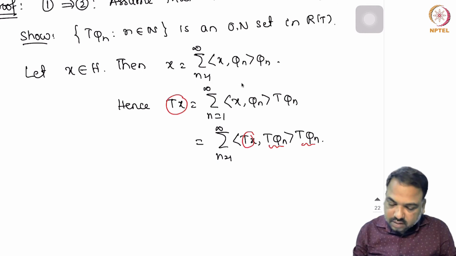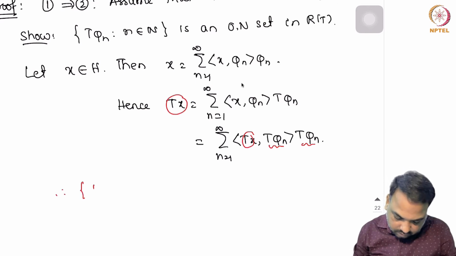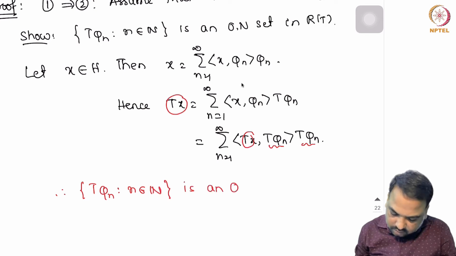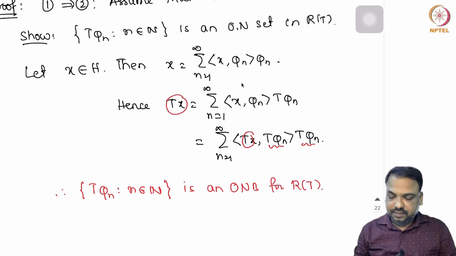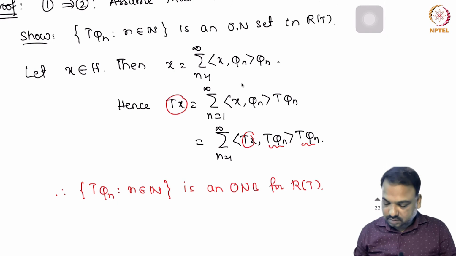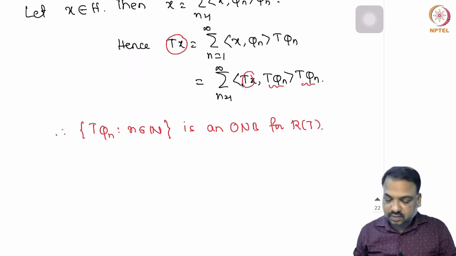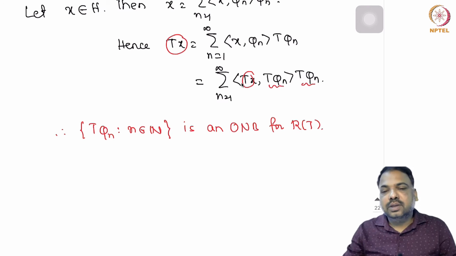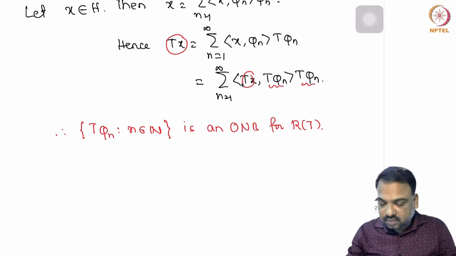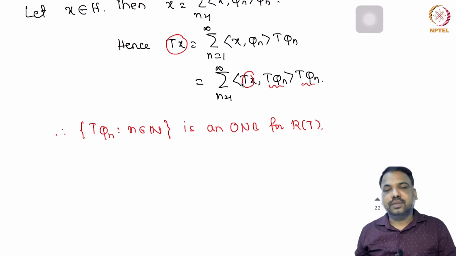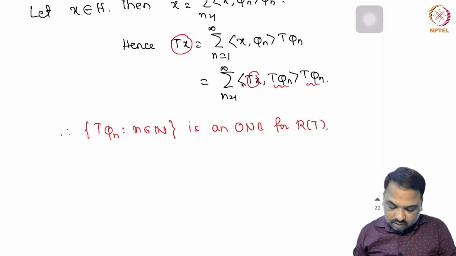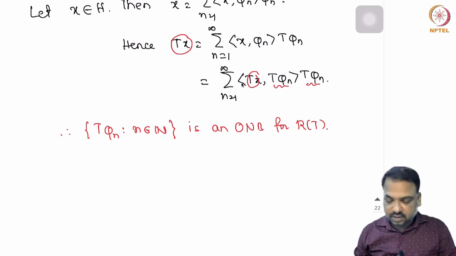Therefore T phi n is an orthonormal basis for the range of the operator T. We have already seen in the review of Hilbert spaces that if an orthonormal set satisfies this condition, then it is an orthonormal basis, because this is a Fourier series of a given element in the space.